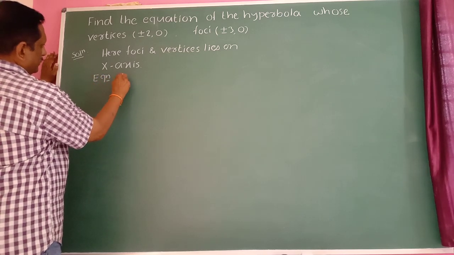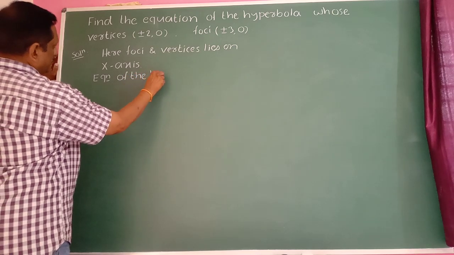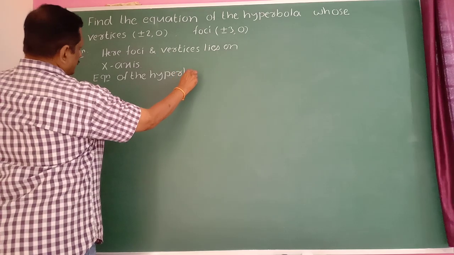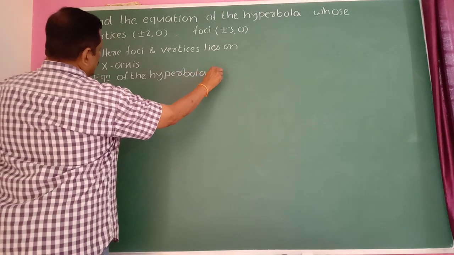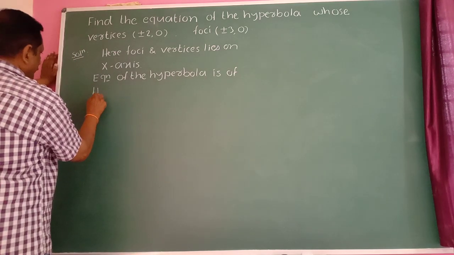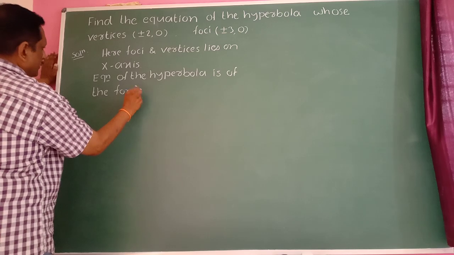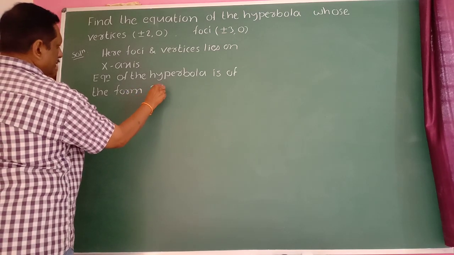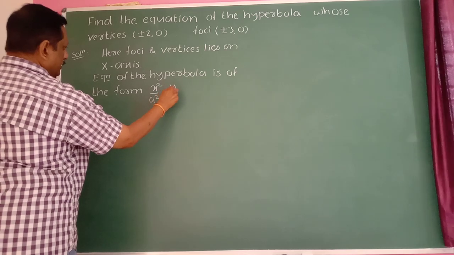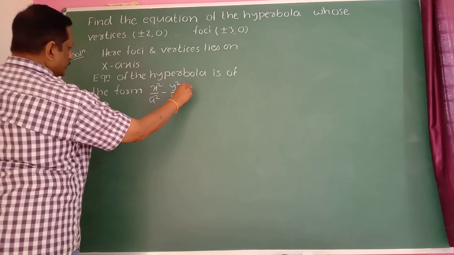Therefore, the equation of the hyperbola is of the form x²/a² − y²/b² = 1.